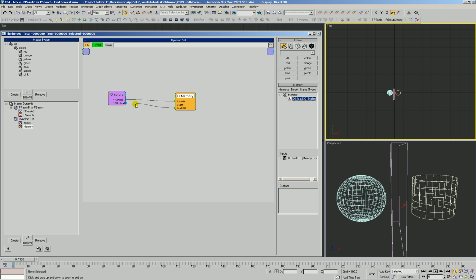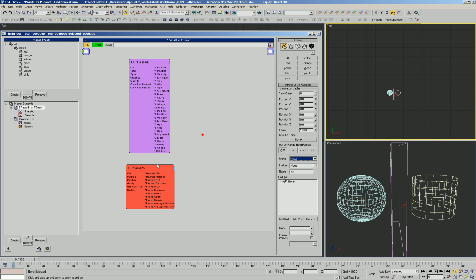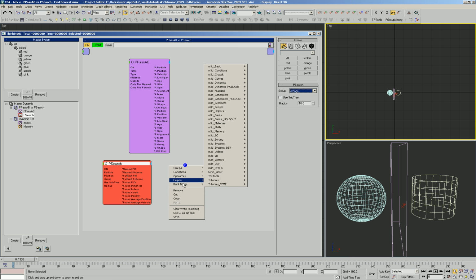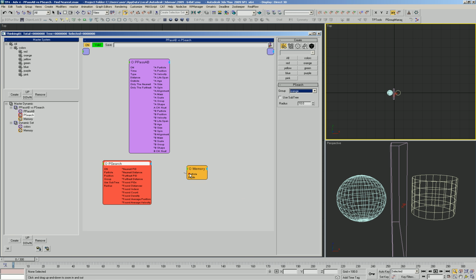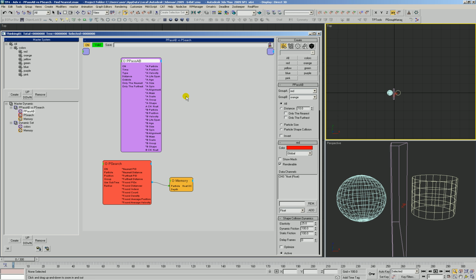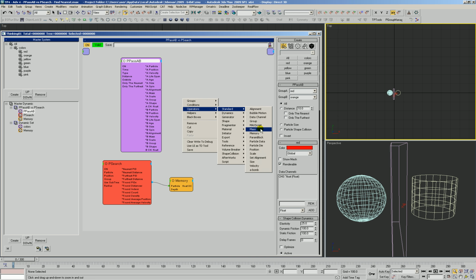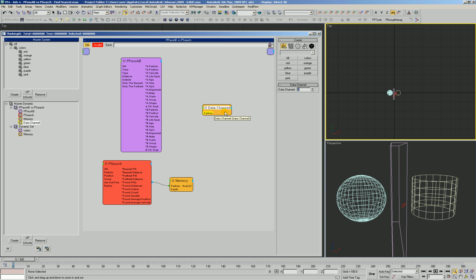So that data channel, no matter what, is always being stored in memory. In which case then you can use your PSearch, and for each and every found particle you can access its float data channel value that way, since there is no read data channel operator. There's only the set data channel.